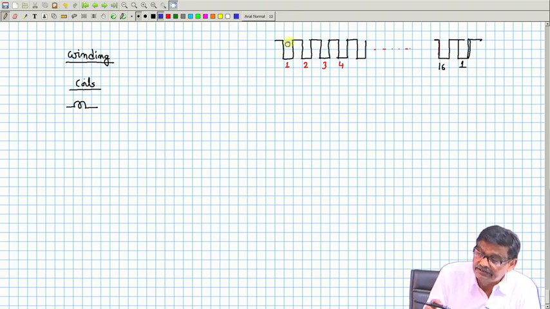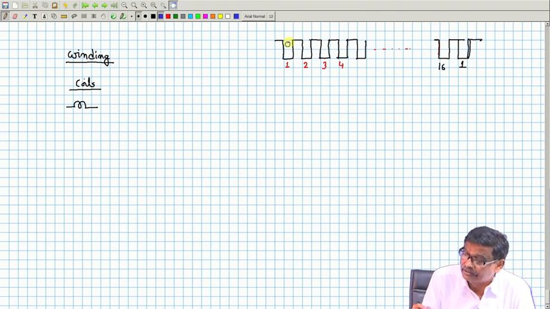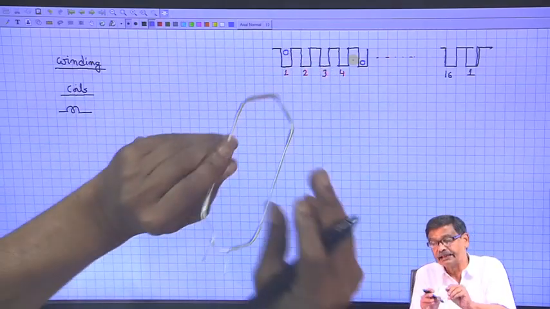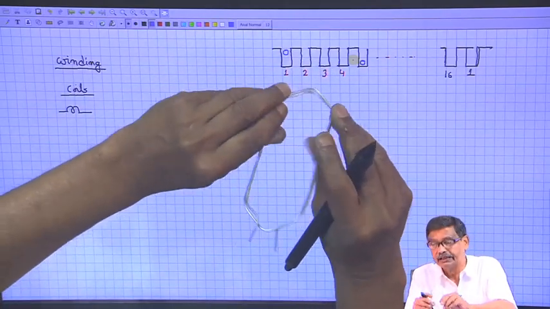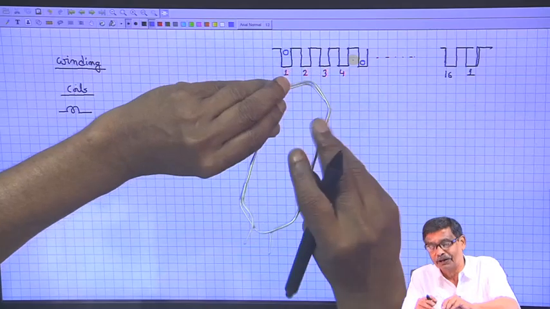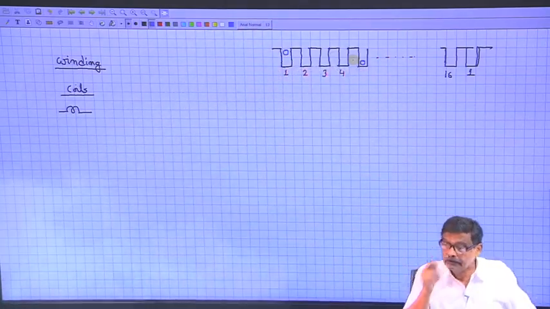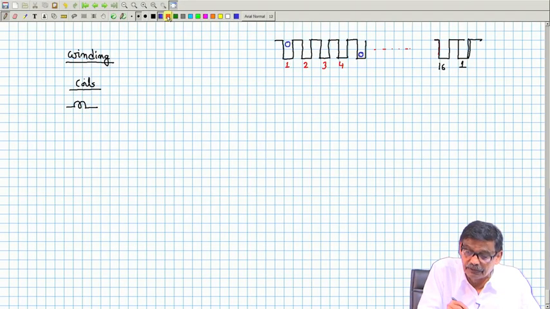First of all, where will its return be? Slots per pole is 4, therefore, it will be 1 plus 4, that is, its return will be here. This will be the one coil. And as I told you, while manufacturing this will be slightly below and this will be slightly up, so that it will be nicely placed here. So, this slot number is 5.